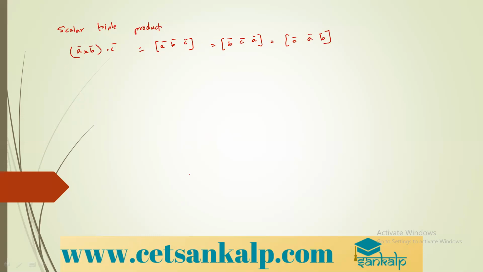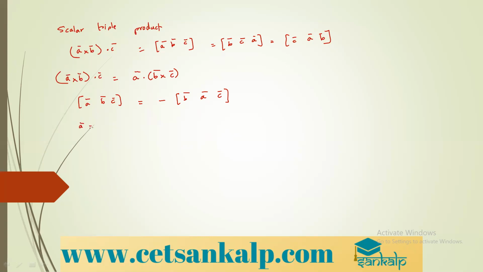So regarding the scalar triple product, A cross B dot C is same as A dot B cross C. And box ABC is minus box BAC if the order is changed.